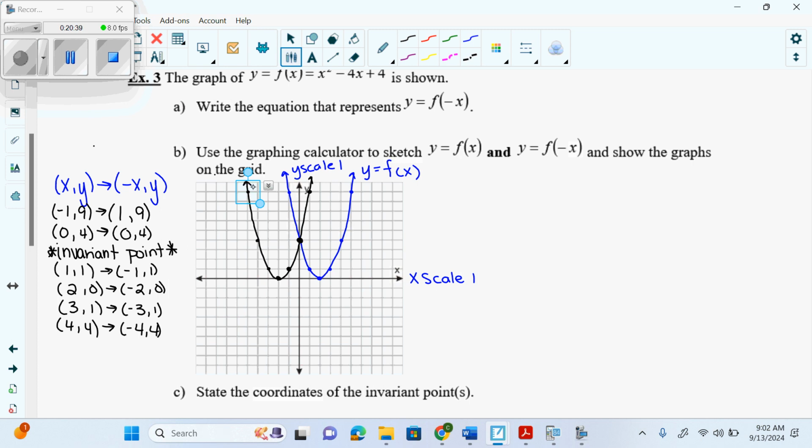Now I told you we have to know our stuff really well because we've done horizontal and vertical translations by themselves, right? Now we've done reflections on each axis by themselves. On Monday we're going to do stretches, and then we're going to put them all together. So we need to know our stuff backwards and forwards.